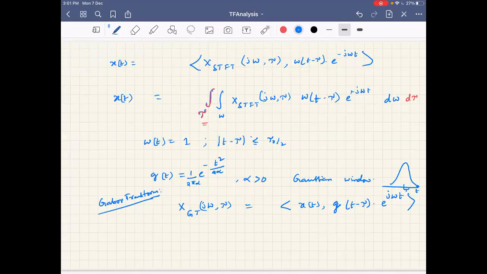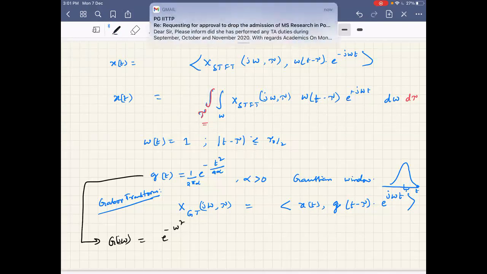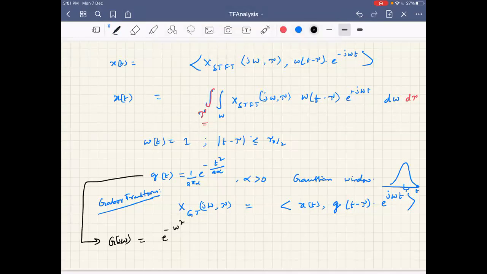One more very nice feature of this Gabor window is that if we take the Fourier transform of this, it looks like again another Gaussian. So the Fourier transform of a Gaussian is also a Gaussian.